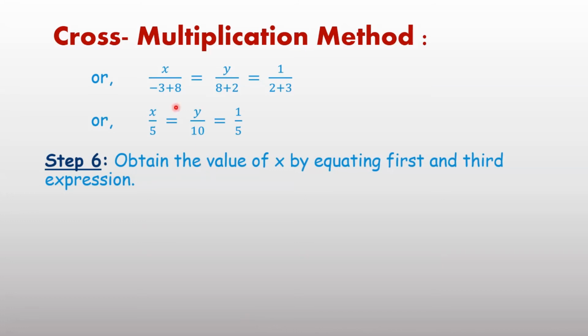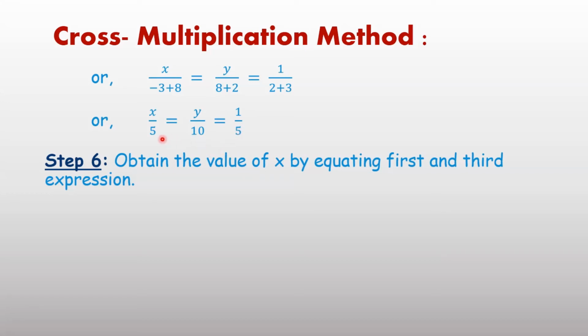Now next step, x upon -3 plus 8 is 5, equal to y upon 8 plus 2 is 10, equal to 1 upon 5.